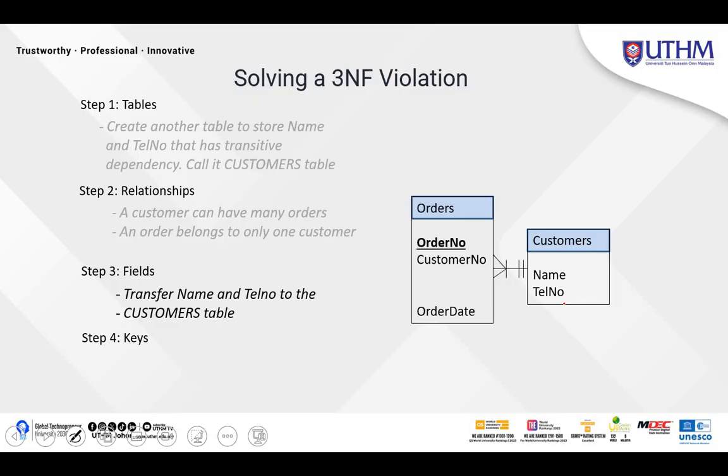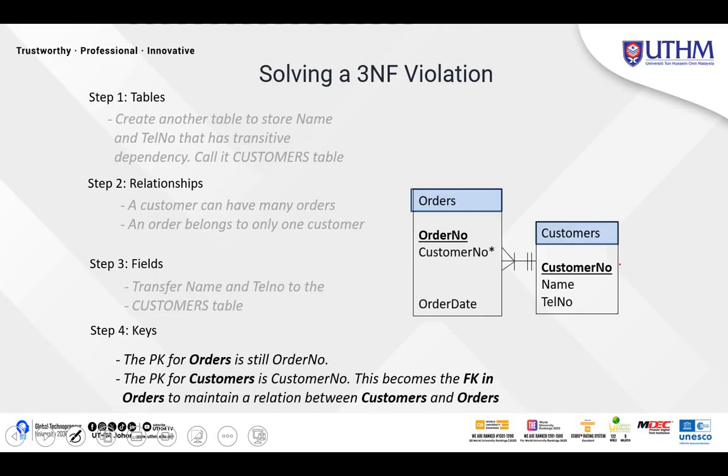Done. Third step, we need to move the attributes from here to here. We have order number, customer number, order date, and here we should have customer number as well. In this table customer number is acting as a primary key, so we underline it, and the same customer number present here is acting as a foreign key. Can you see? And why not put order number here, why do we never bring order number here as a foreign key? Because the relationship is one-to-many, so we read from here to here.